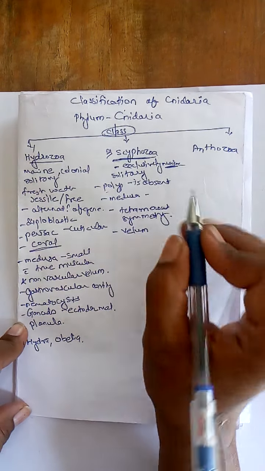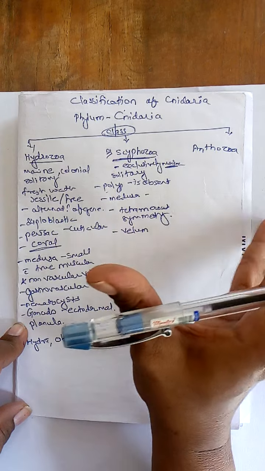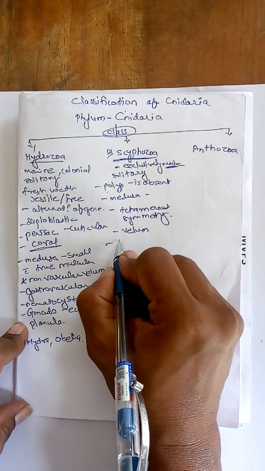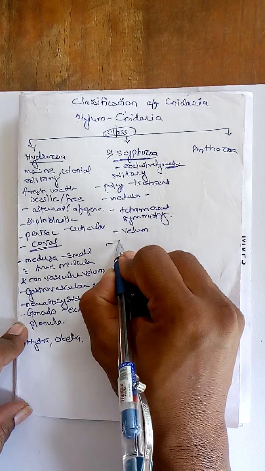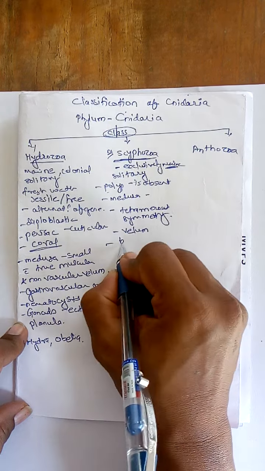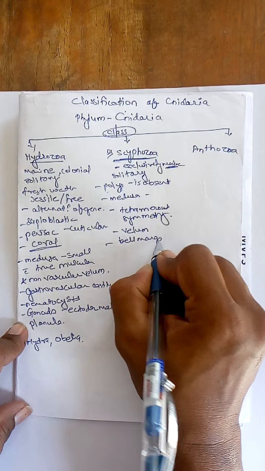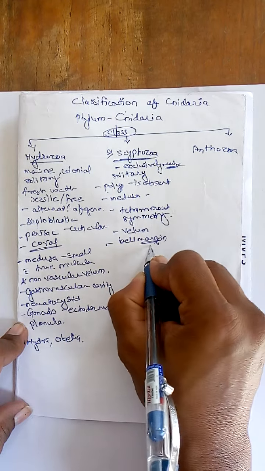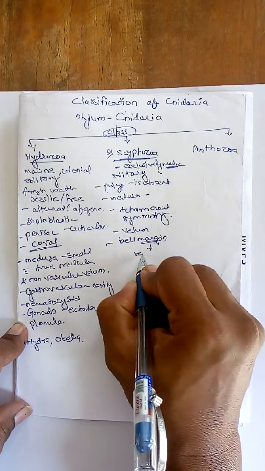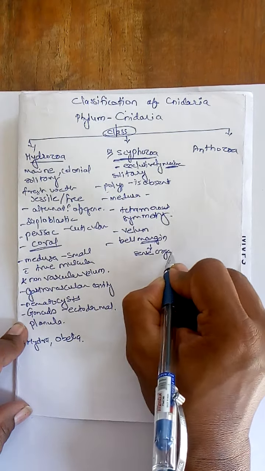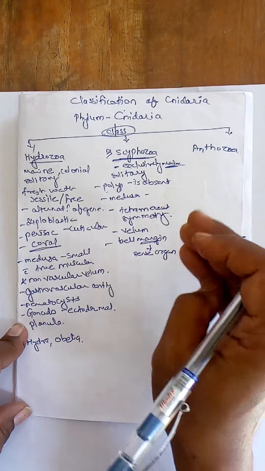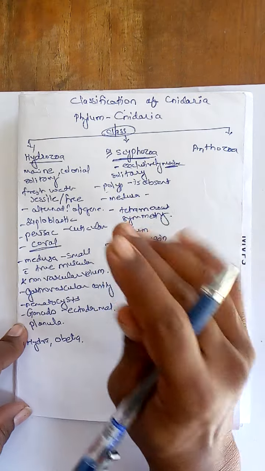Then the margin of the bell is lobed and contains the sense organs. These sense organs receive the sensation of changes which occur in the surrounding environment.